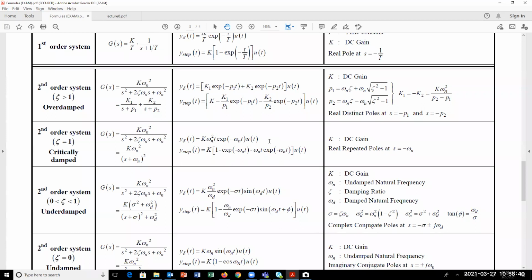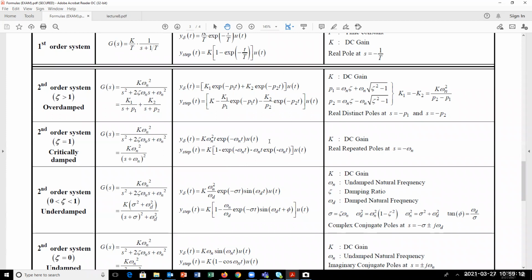The third case is when it is underdamped, zeta less than 1, and of course it has to be a positive value. Then your y(t) will be K omega_n squared over omega_d, e to the minus sigma t, sine omega_d t, the whole thing again multiplied by u(t).